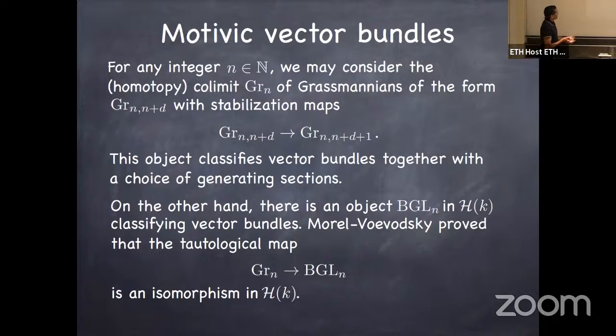And roughly speaking, the fact that this is an isomorphism says that in the motivic homotopy category, up to homotopy, you can always choose generating sections, and any two choices of generating sections are homotopy equivalent.